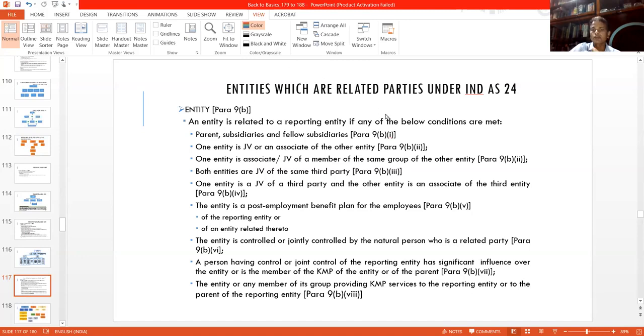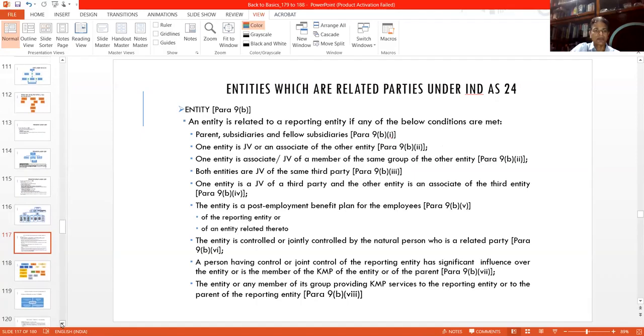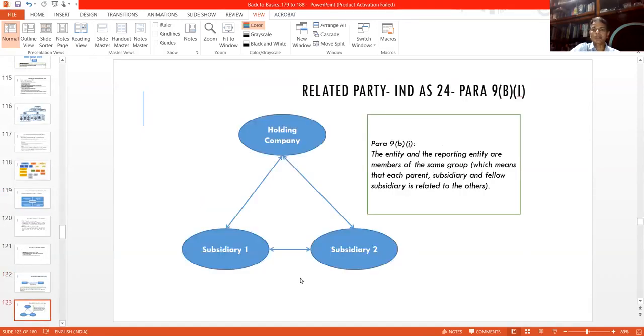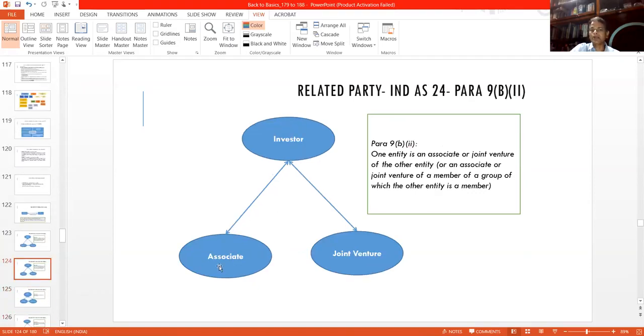So there is a significant influence there. Those entities also, I will just have a graphical illustration of this also. As we go ahead, we can probably see the graphical illustrations as well, so as to grasp the meaning of each of these clauses. So first case we said holding company, subsidiary company, the group of holding and subsidiary companies, parent and subsidiary company. Second case talks about one entity being an associate, the second entity being a joint venture.